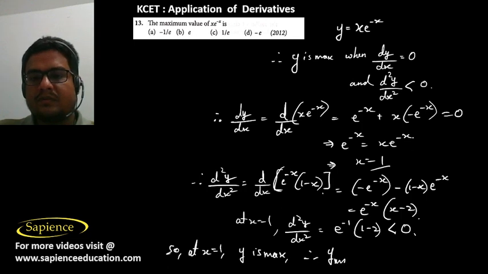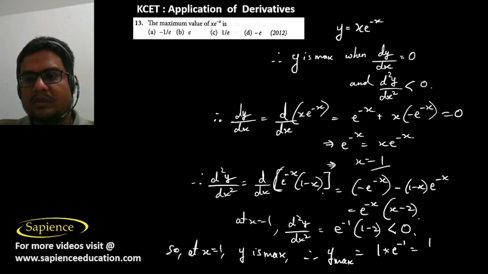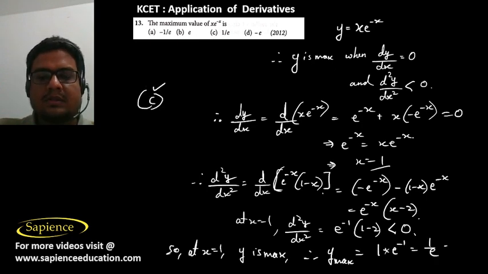The maximum value is 1 into e power minus 1.